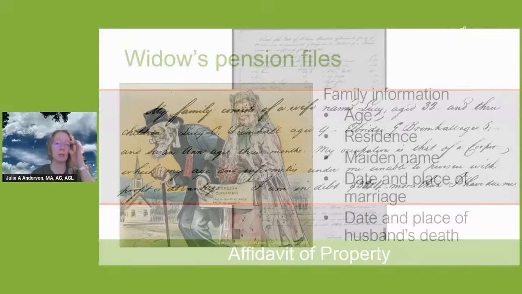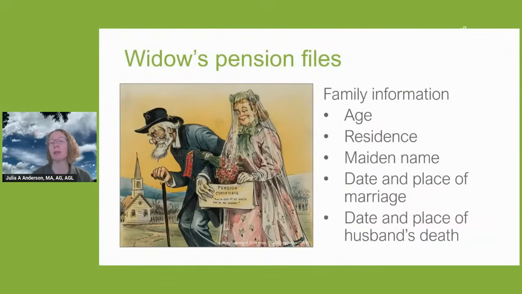Veterans' widows were also allowed to apply for pensions based on their husband's service, but their applications had to include additional family information, like proof of marriage, children, and the death of their spouse, as well as other details. Of great significance, a widow's pension application may give her age, residence, maiden name, marriage date and place, and specifics about her husband's death.